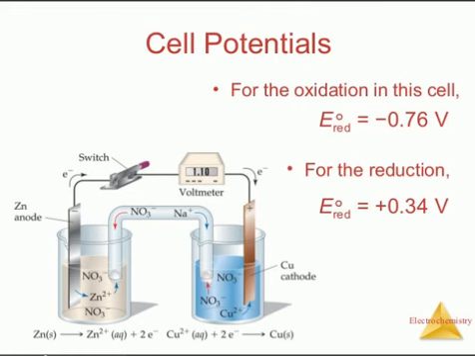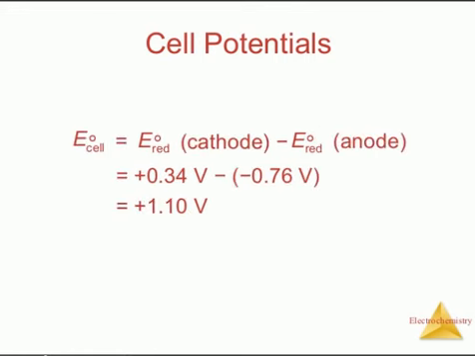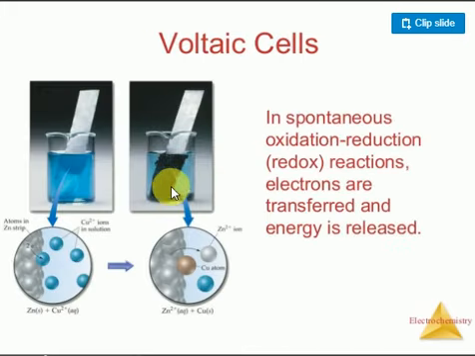What you get here: E reduction is equal to 0.34 volts and E reduction of the anode is minus 0.76. Clear? So I get 1.1 volt. It means the zinc and copper cell is producing this much voltage.